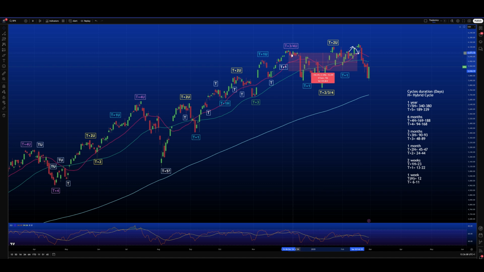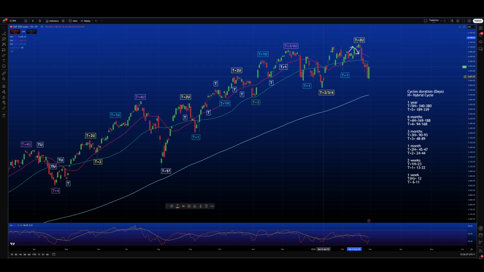So here we had a cycle that was longer compared to the Nasdaq, by 5 days. So from this top until this top, we have not a T+2, but a T+2 hybrid, 47 days. So from this top here, now we can say that at least we have a T+2.